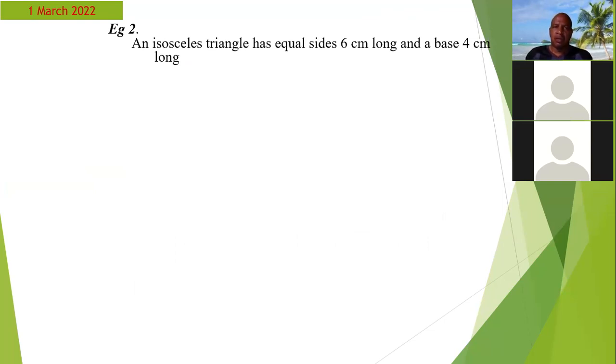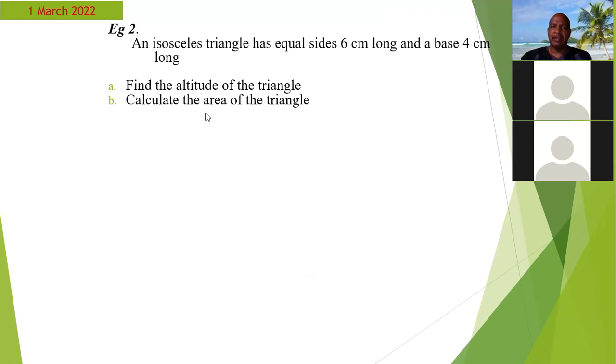What I would like you to do is to construct the isosceles triangle based on this question, and I will allow you to go straight ahead and try to solve the problem. The problem here is that they want you to find the altitude of the triangle. That's part A of the question. And you have to calculate the area of the triangle.